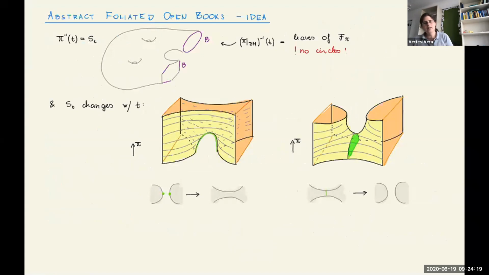And then, the reason usually people like open books is because they are combinatorial, and you can really define these as combinatorial objects here as well. So you just take the preimage of a time. This is somehow the page, and then the boundary of that is going to be a surface with boundary, and the boundary is going to consist of maybe closed components of binding.